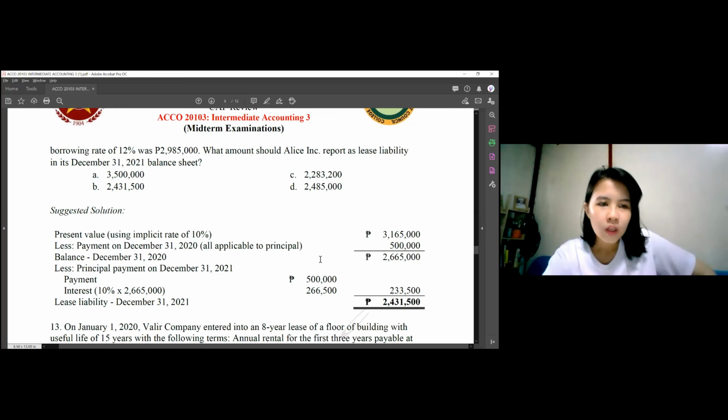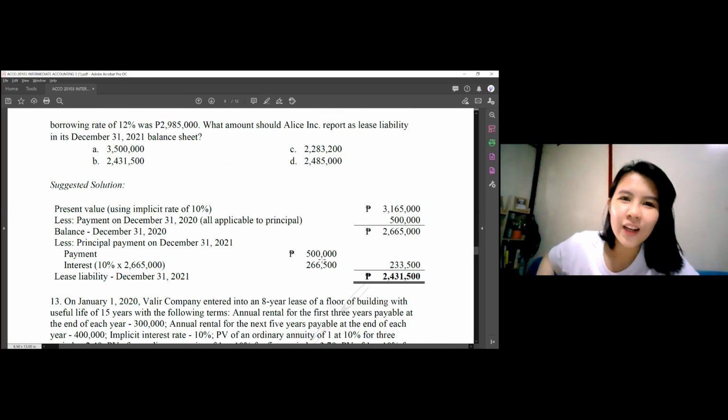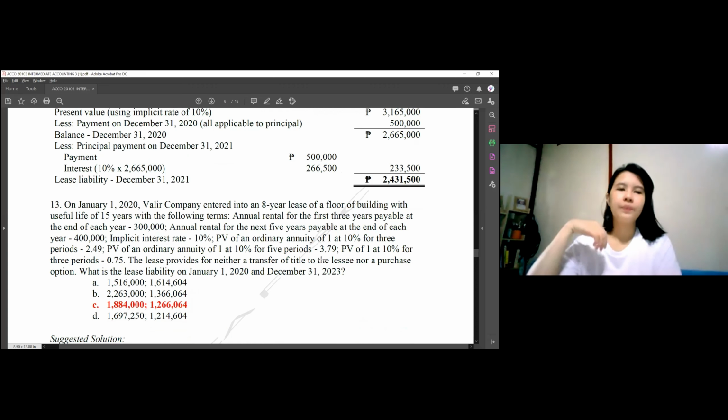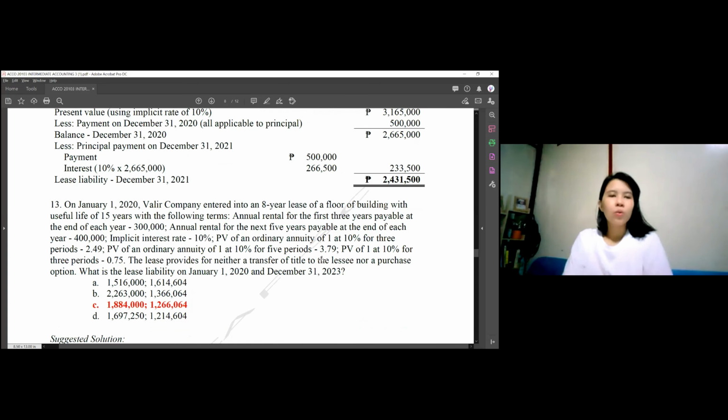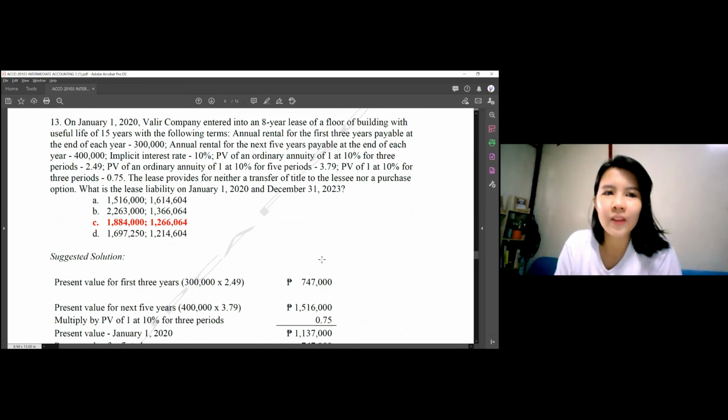Okay. So, next. Mukhang mahilig sa ML ang gumawa ng exam. Okay. On January 1, 2020, Valer Company entered into an 8-year lease of a floor building with a useful life of 15 years. Okay. So, based on the life, we can safely say that it is an operating lease.